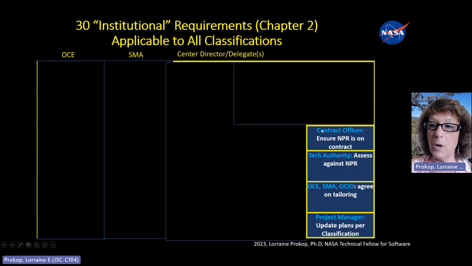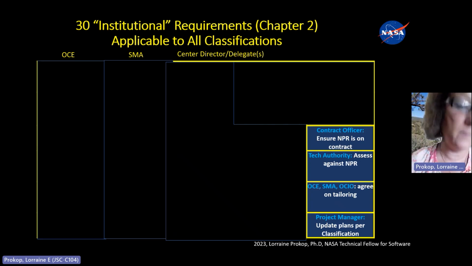And now there's a few kind of unique ones at the end of this section. One key requirement is for the contract officer. There's a requirement there that basically says contract officers shall put this document on contracts. So that's an important link. The tech authority shall assess centers or projects against this NPR.